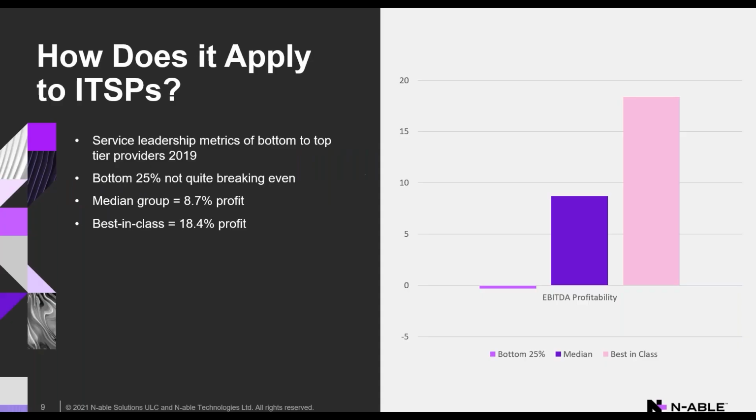Now, how does this apply to us as IT service providers, right? When we look at our IT service providers, we're going to split them into three groups. We're going to have our bottom quartile, we're going to have our median two quartiles, and then we're going to have what we call best in class.